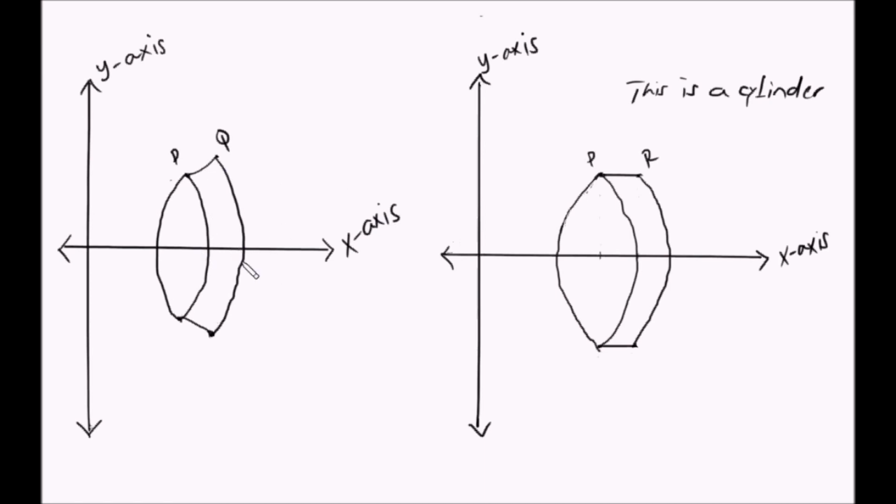So the volume of this one, let us say, is delta Vx. Like this. This is a cylinder. Remember that the volume of a cylinder is V equal to pi r squared h. Remember PR is what? It is delta x.